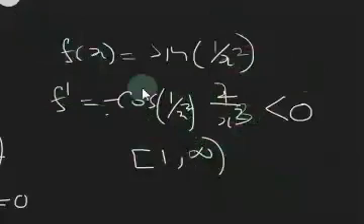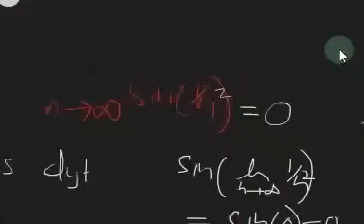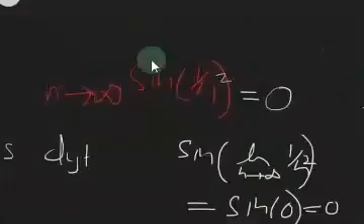Then f prime is negative in this range, therefore f is decreasing, and we know the limit of sine of 1 over n squared is equal to 0 as n tends to infinity.